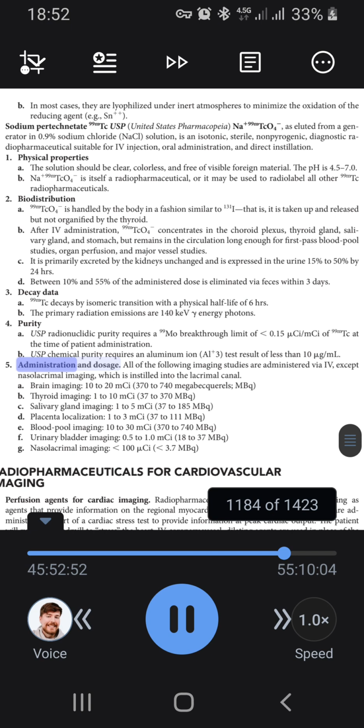5. Administration and dosage. All of the following imaging studies are administered via IV, except nasolacrimal imaging, which is instilled into the lacrimal canal.